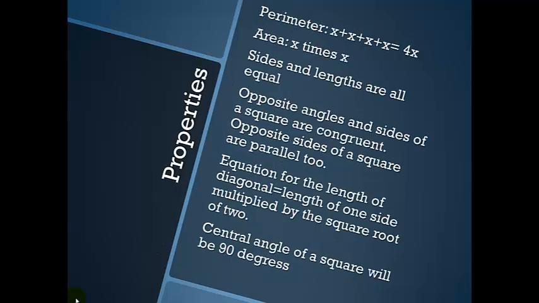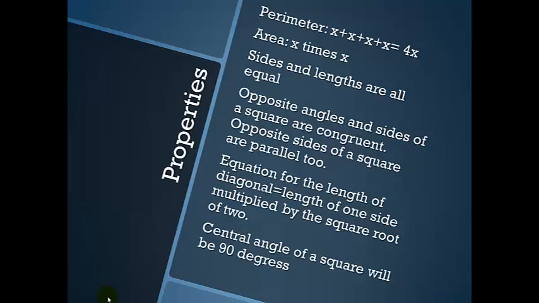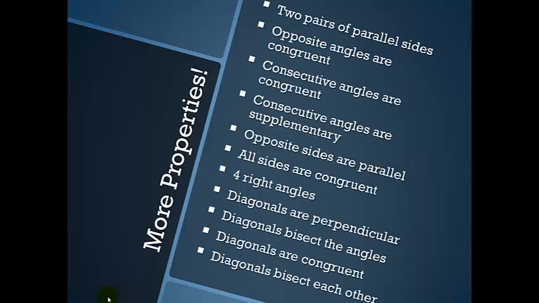Hold on, go back to my reference. Come on. Alright. See? Both sides are parallel, or all sides are parallel. It has 4 right angles. Perpendicular, opposite. Got the middle square. Diagonals are perpendicular.